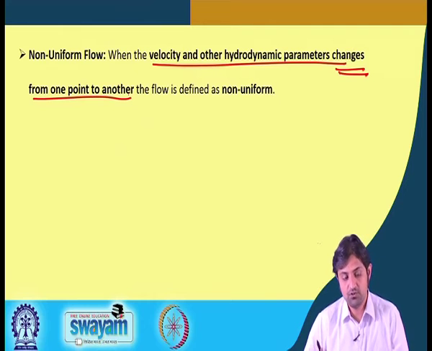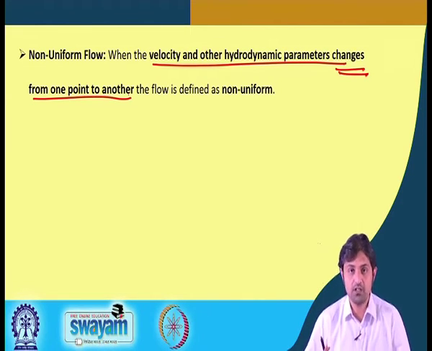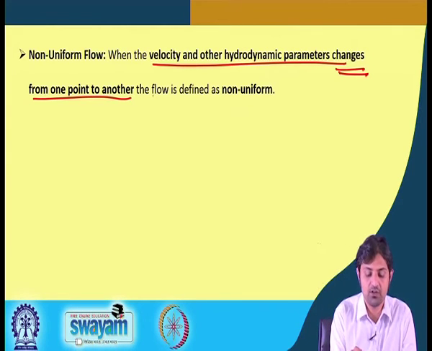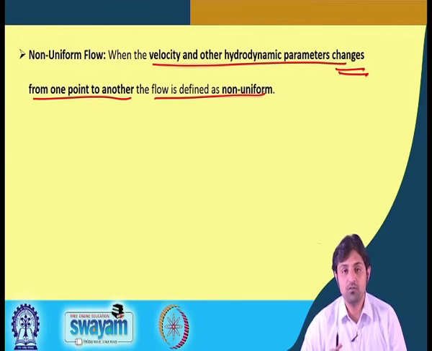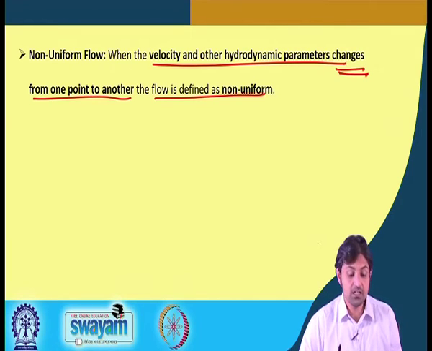So, the properties in uniform flow were not dependent on the position of the particle, but in a non-uniform flow, they will change from one point to the other, and such flows are called non-uniform flows. These are some of the terms that we would be encountering again when we start doing open channel flow, for example. That is why it is important to go through it once again.